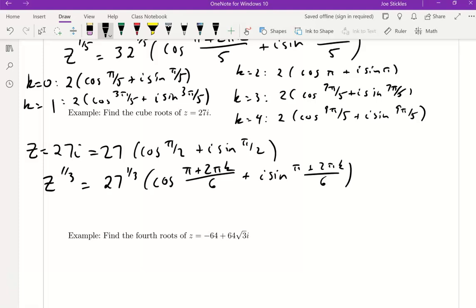All right, we're doing cube roots. So what values are you going to plug in for k if you're doing cube roots? 0, 1, and 2. So if k is 0, we get 27 to the 1/3, which is 3, times cosine of pi over 6 plus i sine of pi over 6. If your k is 1, you get 2 pi plus pi, which gives me 3 pi over 6, which is another pi over 2.